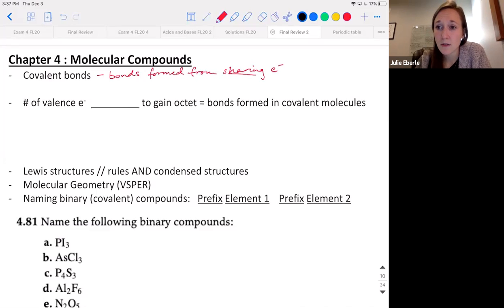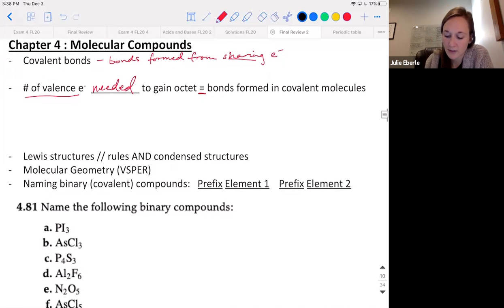We're still trying to achieve a full octet here. Remember we had the phrase, every time you share one, you gain one. So we use that as a motto to help us predict how many electrons an element or an atom would share. We also have this statement right here, the number of valence electrons needed to gain an octet equals the number of bonds formed in covalent molecules.